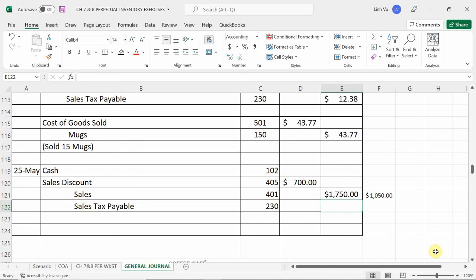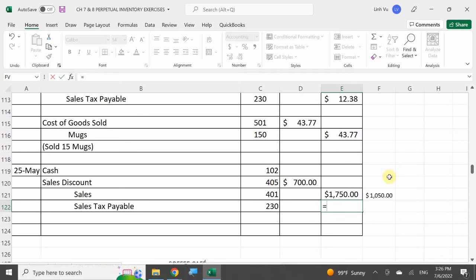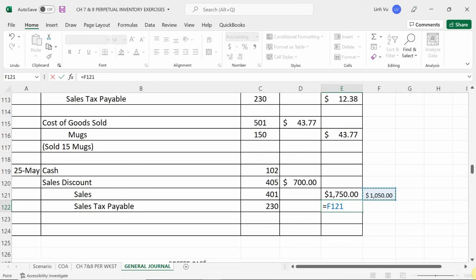So that is the amount of sales tax you're going to be charging based off the discounted price. So in this case, how much is your sales tax going to be? So again, equal round. 86.63.